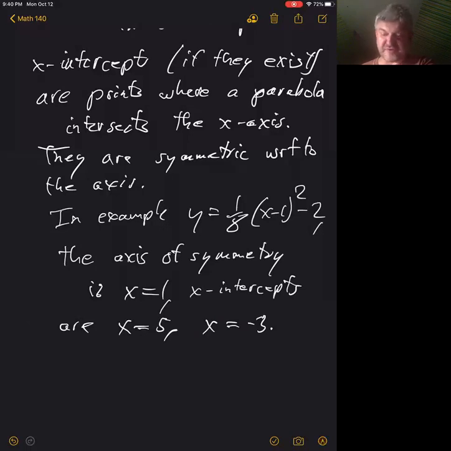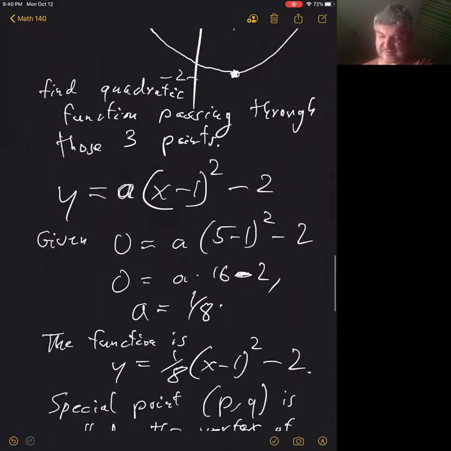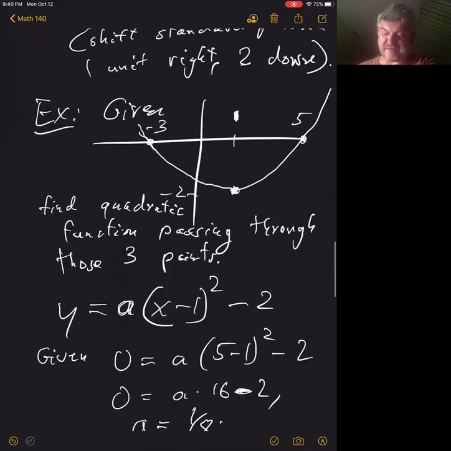Notice how those 2 points that give me the x-intercepts are the same distance away from the axis of symmetry, namely 4 units in this case.